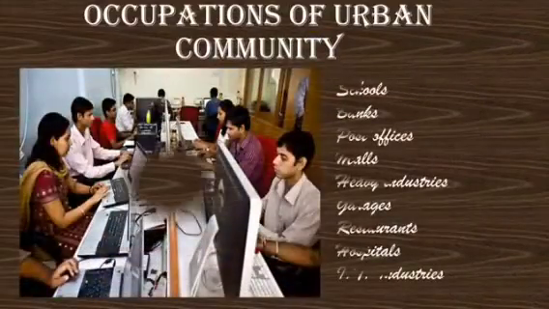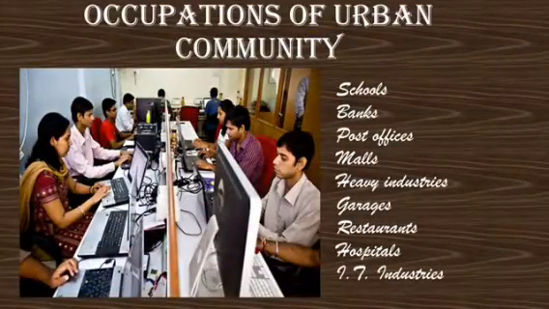Just like we discussed the occupations of the rural community, now let us see the occupations of urban community. The different places of work where the urban people go are they work in schools, they work in banks, you have post offices, they work in the different malls which are all around the city.